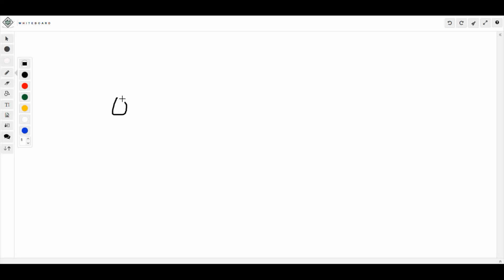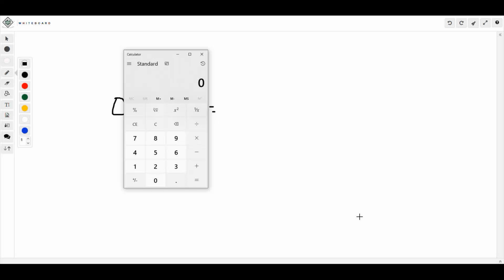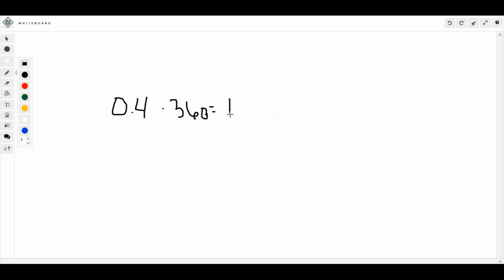So 40% is, and then times 360. Okay, so on our calculator, whoops, I messed up. So 144 degrees is what candidate A is going to be on the pie chart.